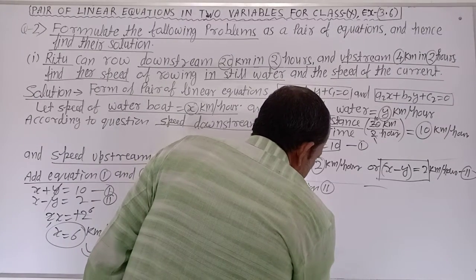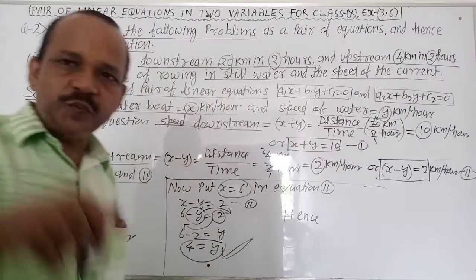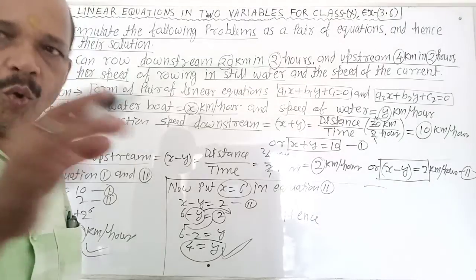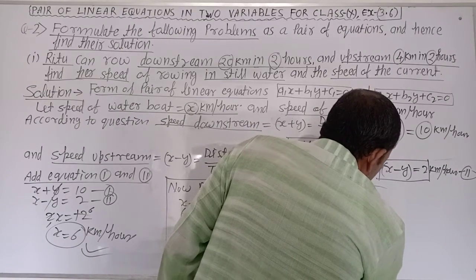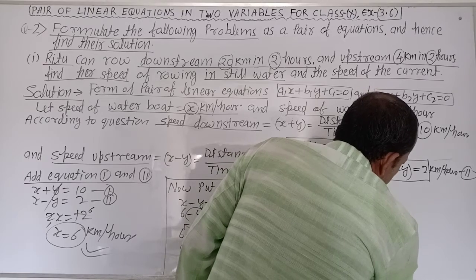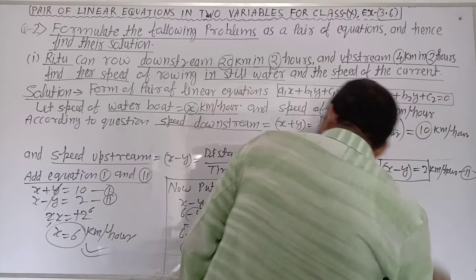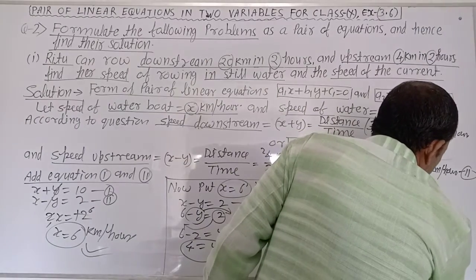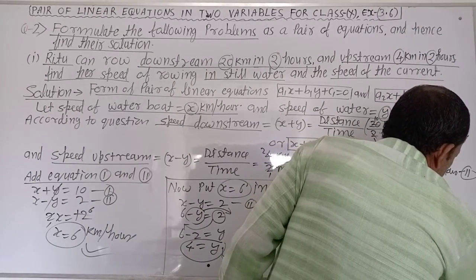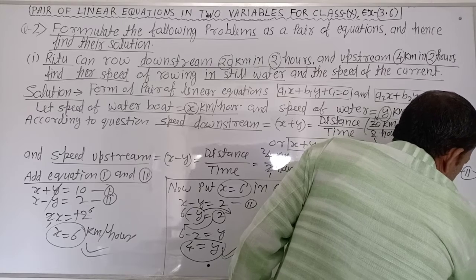Hence speed of boat equal to x equal to 6 km per hour.